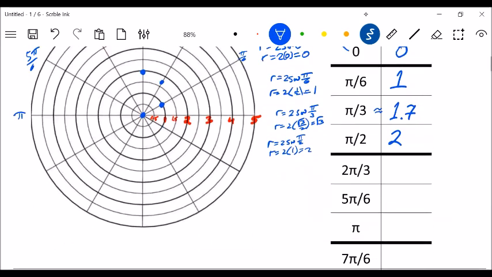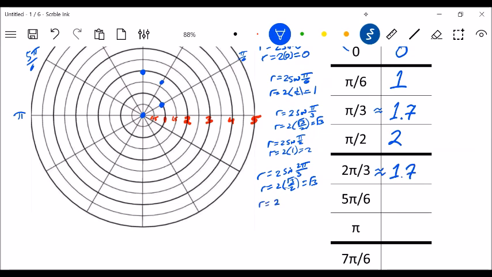So at 2 pi over 3, r equals 2 sine of 2 pi over 3, which means that r is equal to, well, sine of 2 pi over 3 is square root of 3 over 2. So we have another square root of 3, or another 1.7.